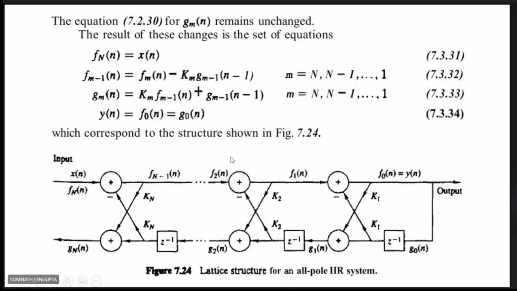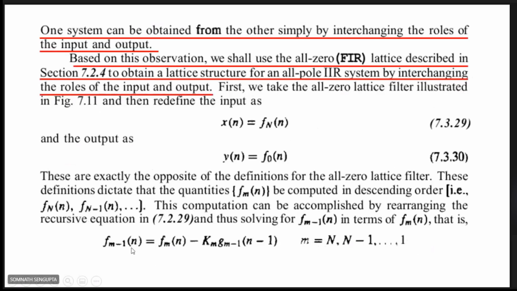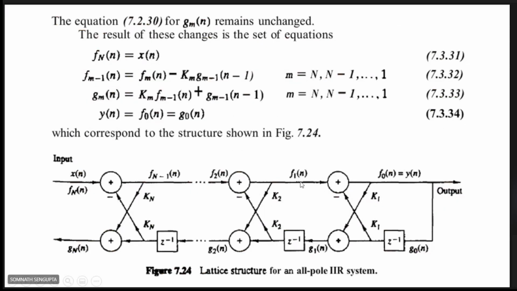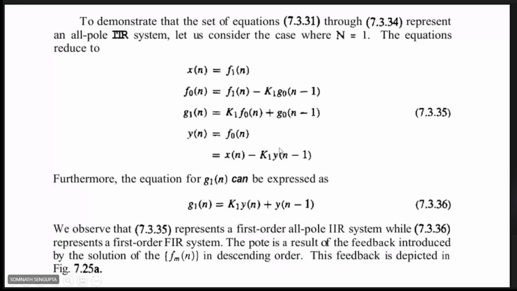Let us consider that the first stage, f1n, and let us consider the case where n is equal to 1. Okay, so what are the equations for n is equal to 1?